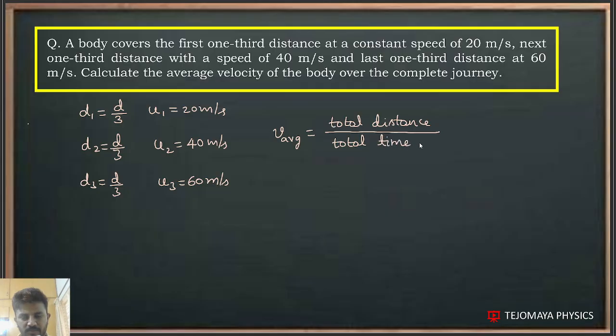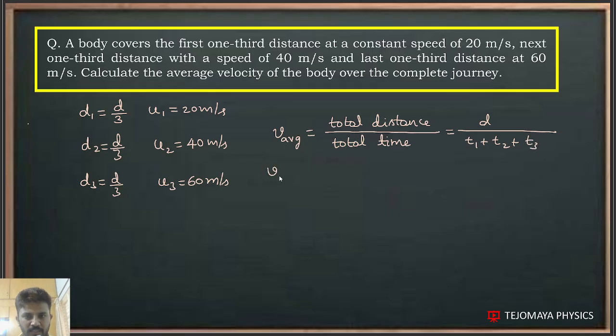Since it is a motion in a straight line, we can consider distance to be equal to displacement. So the total distance traveled is d, divided by the total time, t1 plus t2 plus t3.